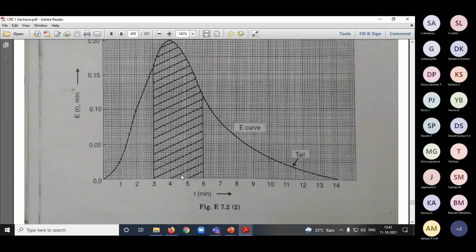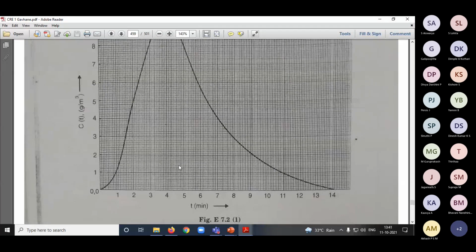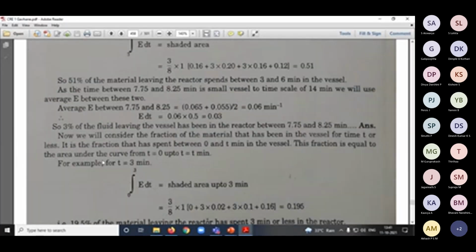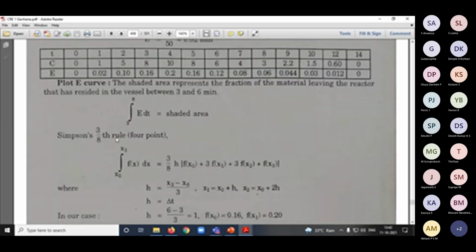How do you do it? Either you can do a numerical method, because this limit is from 3 to 6. You can calculate the area under the curve by using Simpson's rule or just by calculating. That's up to you. Here he is giving you Simpson's rule, that is what is being done here.